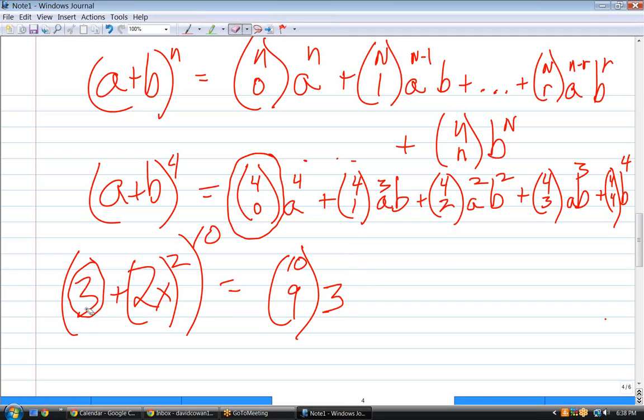That term on the 10th term is 3 to the n minus r, the second to last term. So it's 3 to the 1. 10 minus 9 is the exponent on the second to last term.